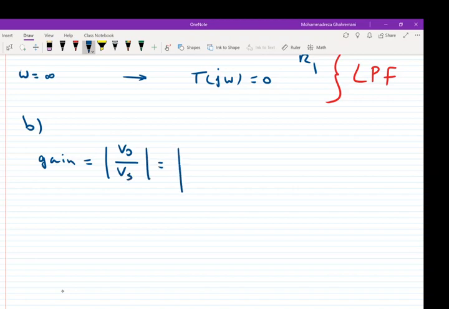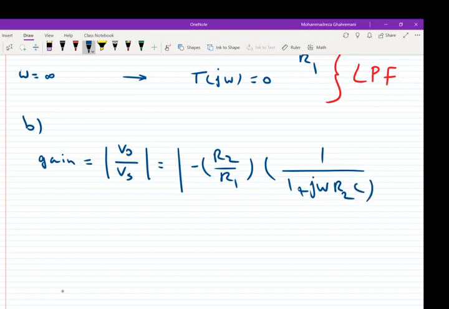to the absolute value of negative R2 over R1 times 1 over 1 plus j omega R2C.